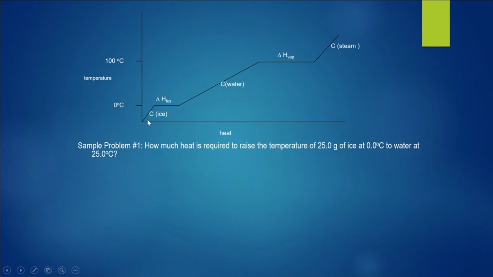So we're raising the temperature of 25 grams of ice, there's our mass, from 0 degrees Celsius to water at 25 degrees Celsius. Ice at 0 degrees would be right here. Again, notice we're on the ice side, but we're at 0 degrees. So our first step is going to be to melt the ice. At 0 degrees, we're going to need to use our delta H fusion and melt the ice. The second step is we need to go up then to liquid water at 25 degrees Celsius, which is right in here.